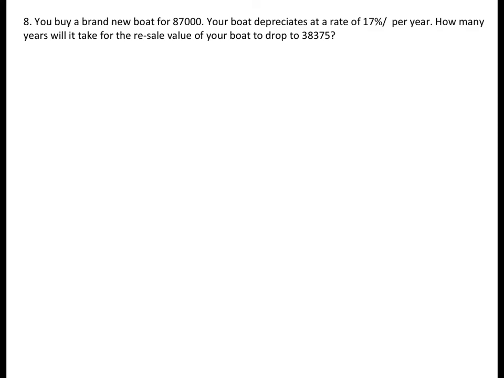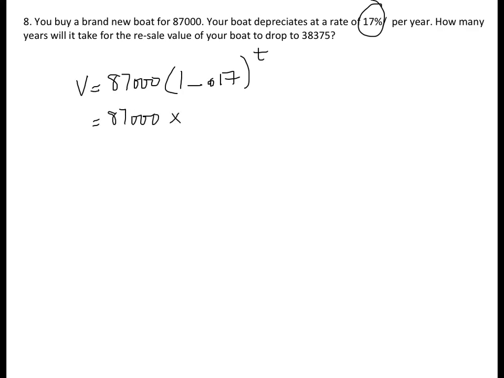So we can write this resale value, let's call it V, is the initial cost, $87,000, times, since it's depreciating, 1 minus the depreciation rate, 17%, which is 0.17, 17 divided by 100%. And it says every year, so it's going to be exponent t. Now, this can be written as 87,000 times 1 minus 0.17, which is 0.83 exponent t.